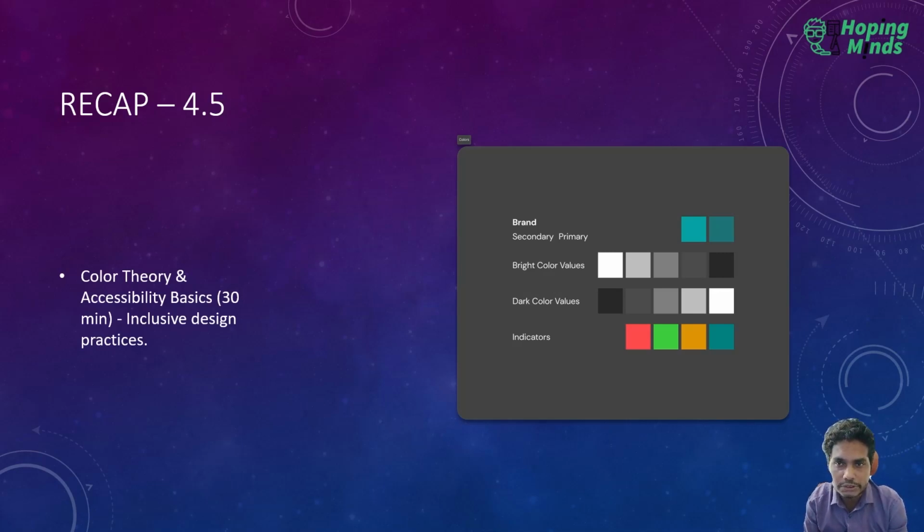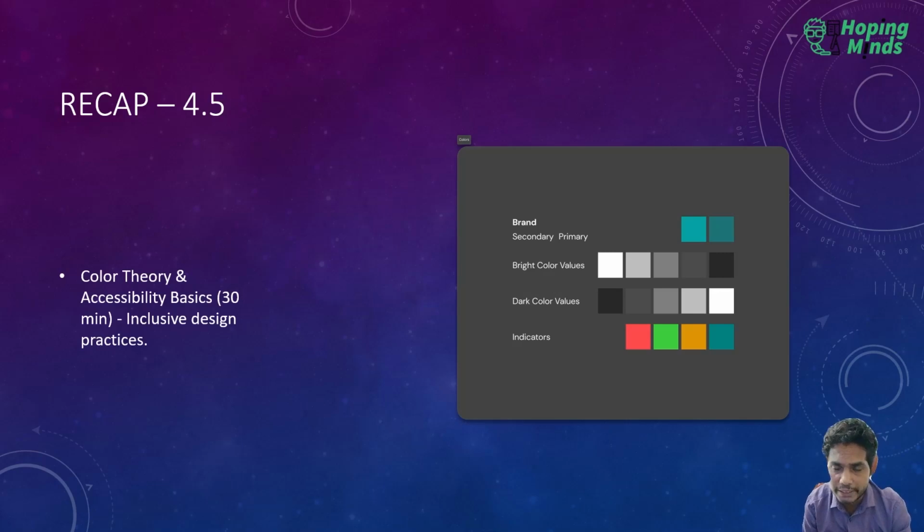So we use these two basic colors to create a difference between bright mode and dark mode, which usually every app has nowadays. Then you have indicators, which are used for different purposes like alert, warning, error, success, and information. So these are the color concepts you have to use.